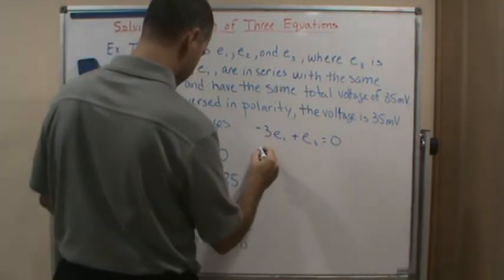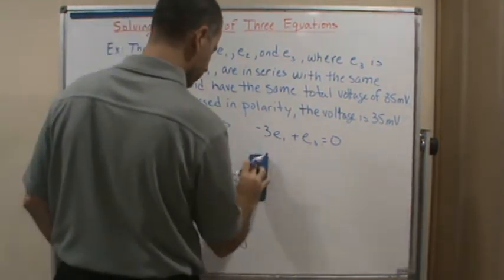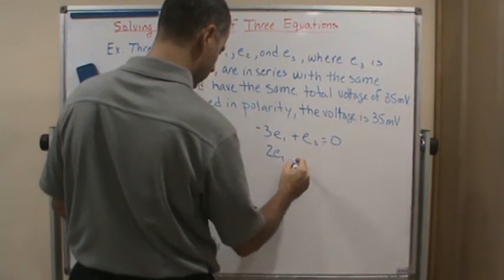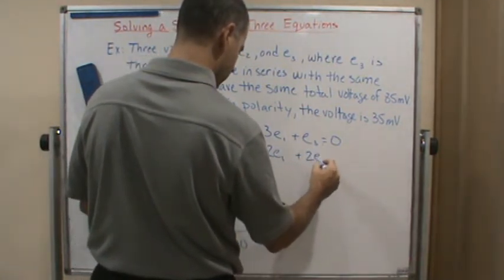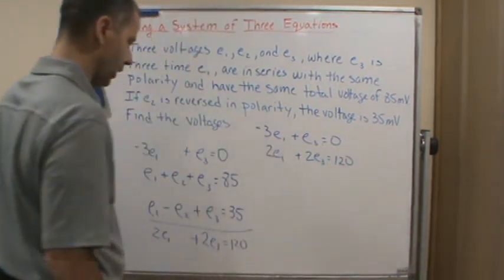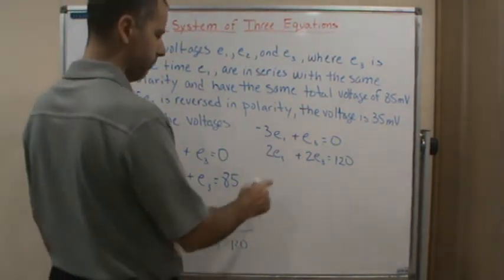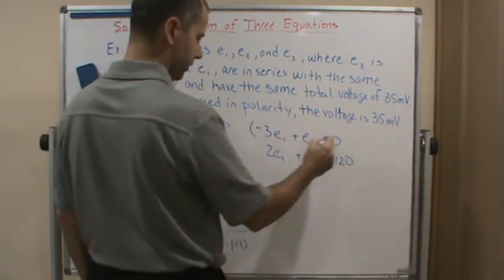So we get 2E1 plus 2E3 equals 120. And so now let's multiply the top one by negative 2 and get rid of the E3s.